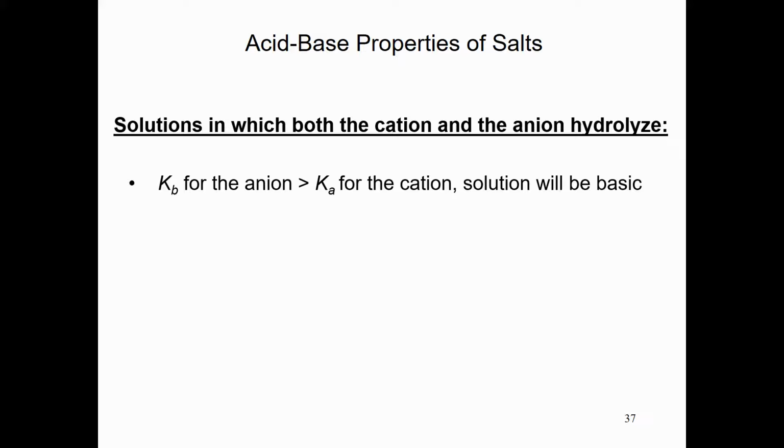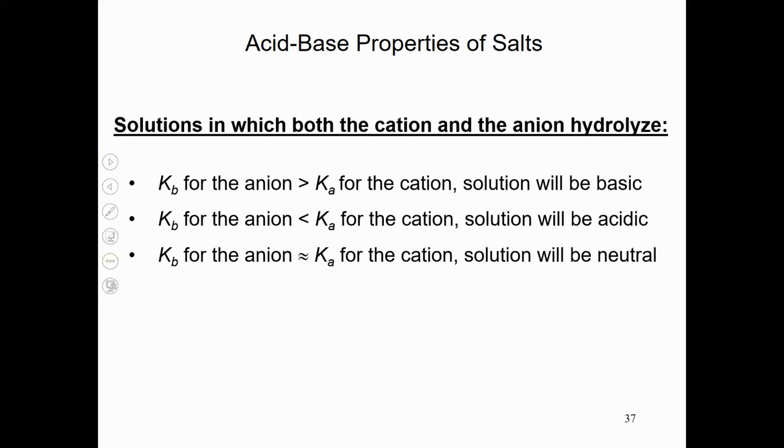Okay, so this might answer some of your earlier questions. So if the Kb for an anion is greater than the Ka for the cation, the solution will be basic. So for example, we were talking about HPO4 2-.